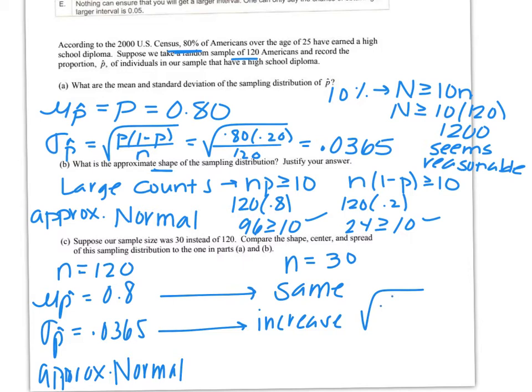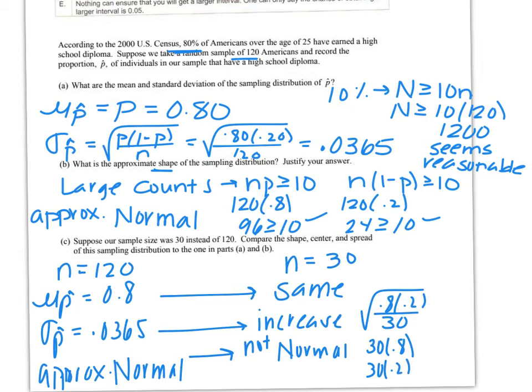Because now we're going to divide by 30 instead of 120. And now it is not normal anymore because 30 times 0.8 and 30 times 0.2 will no longer meet the condition.